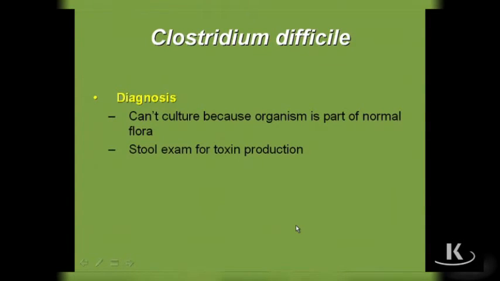So what's really important here is that you actually have to do a toxin assay. You have to look for the toxin in the stool. So you will look for the toxin, which is an indication of that pseudomembranous colitis. Again, you're not going to culture the organism because you will find it. It's part of the normal flora. The toxin is the indication that the rest of the flora got killed off and C. diff is really kind of flourishing.